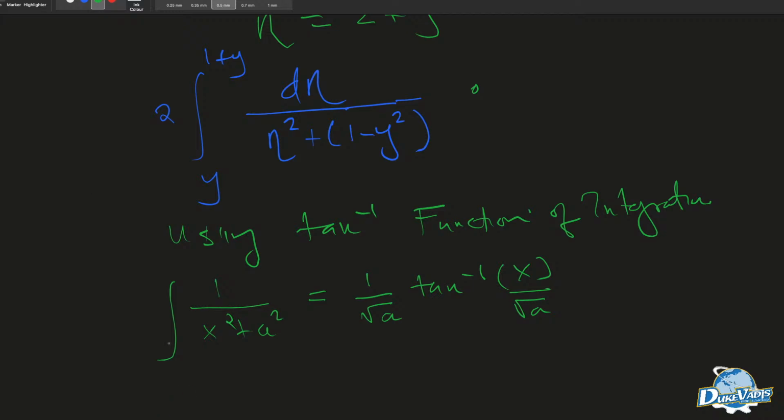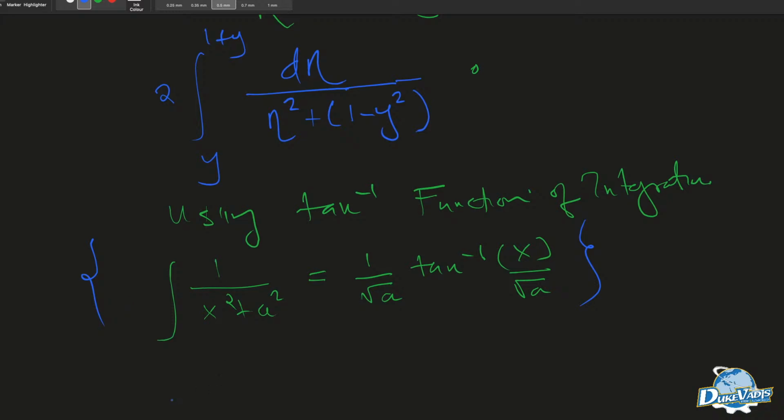So let's break it down. When we integrate using this, our integration will bring the 2 out. Our limit is still there.